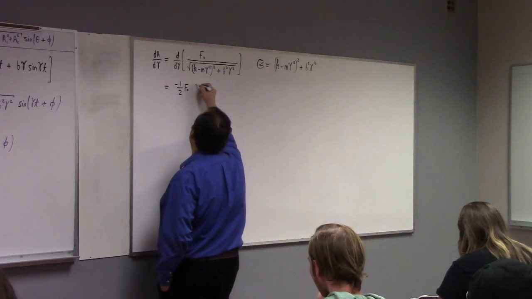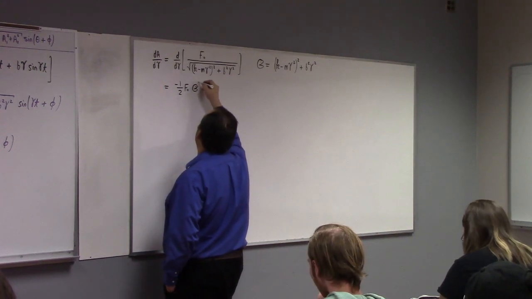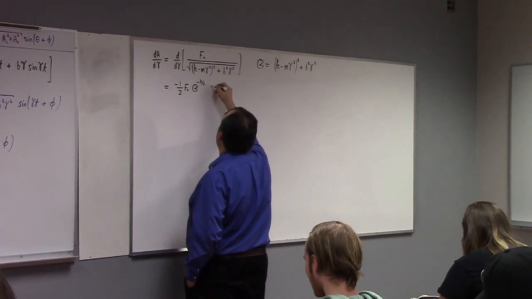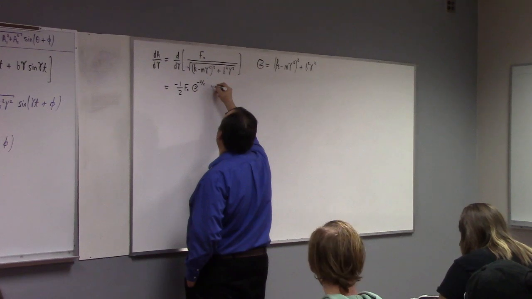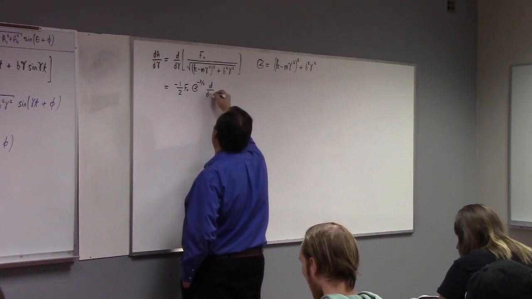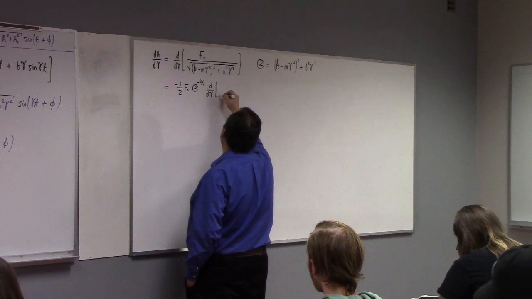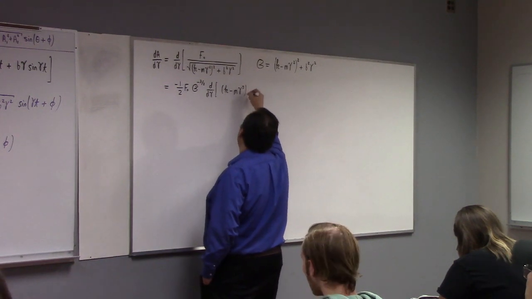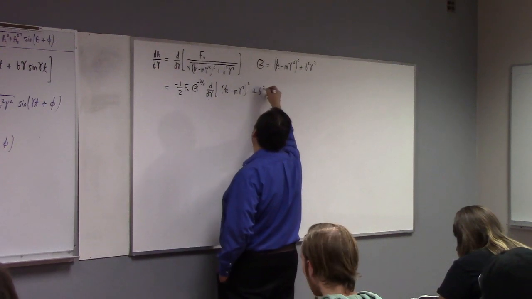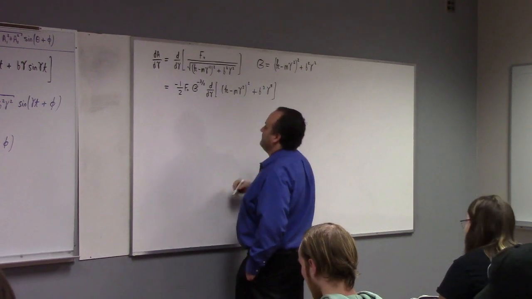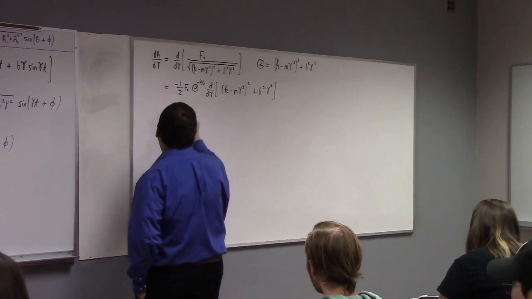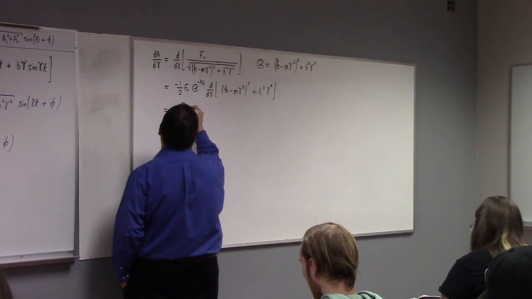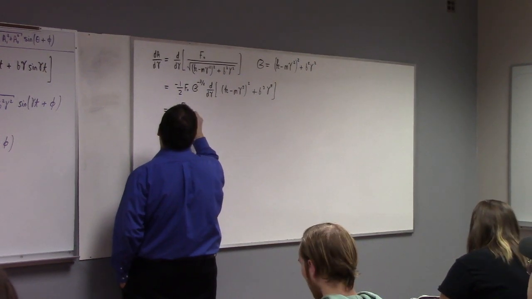So we've got Pac-Man to the minus 3/2, times the derivative of Pac-Man, which in this case is d/d gamma of (k minus m gamma squared) squared plus b squared gamma squared, which is minus f naught over 2.